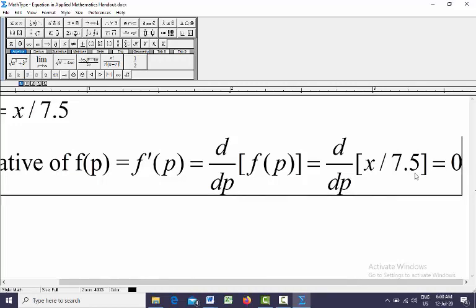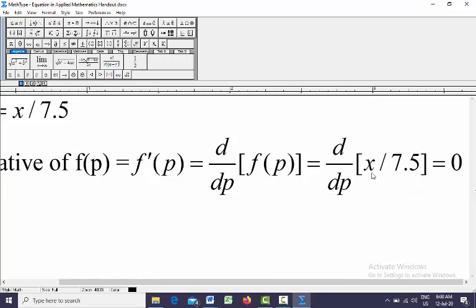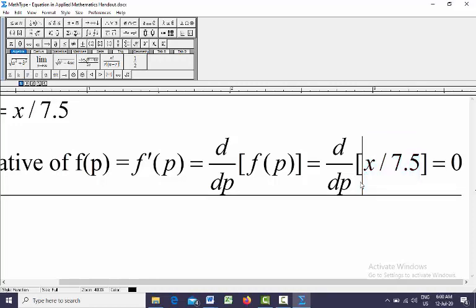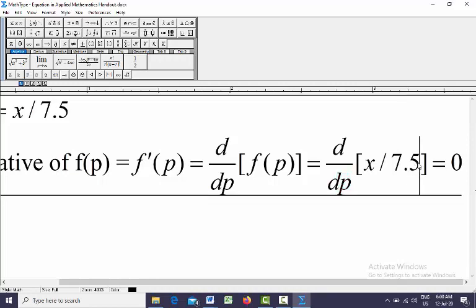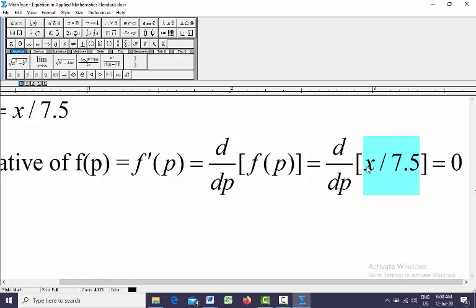Since there is no variable here, the variable is no longer x, the variable is now p. Since we do not have any variable here, we do not have to do differentiation. The answer is 0.